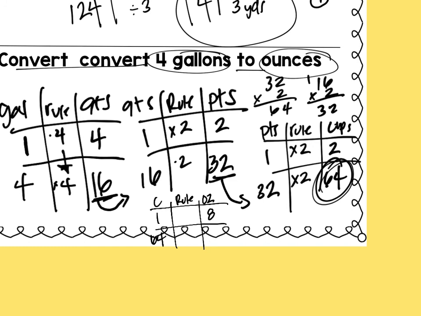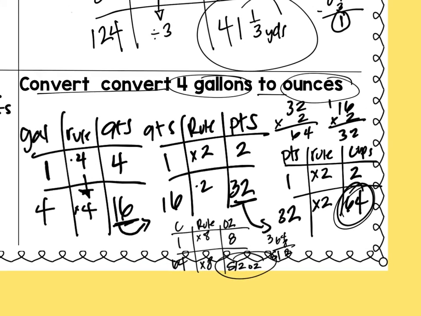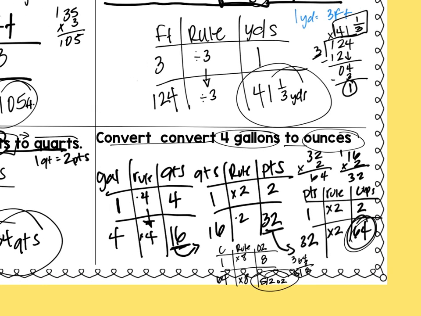So 1 to get to 8 would be times 8. 64 times 8 would be 512 ounces. So 4 gallons equals 512 fluid ounces.